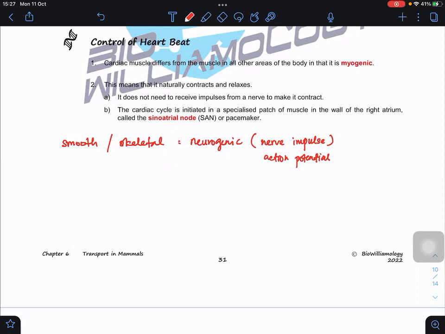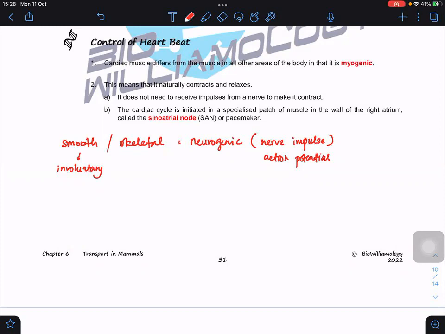But the slight difference in this case, smooth muscle is involuntary. Now, what does involuntary mean? It means that you do not need to control them by using the conscious regions of your brain. Are you clear? Involuntary. So it means that you do not need to ask them to contract. They will contract according to the stimulus.